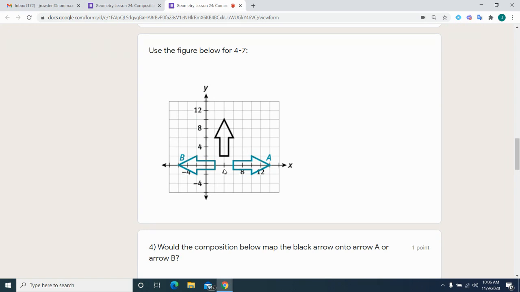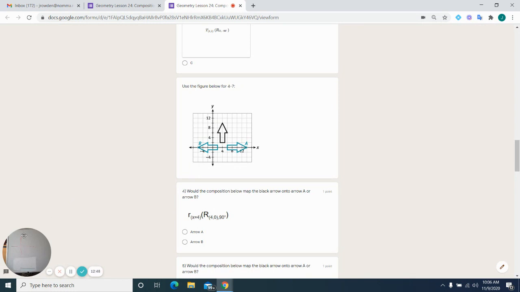I'm not going to draw this perfectly, but basically we have an arrow. I mean, you can't see what I'm doing really, but I'm going to zoom in a second.